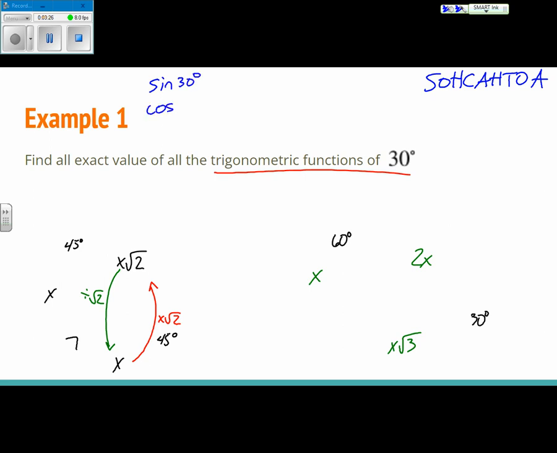I want to find cosine of 30 degrees. I want to find tangent of 30 degrees. I want to come over and do cosecant of 30 degrees, secant of 30 degrees, and cotangent of 30 degrees.